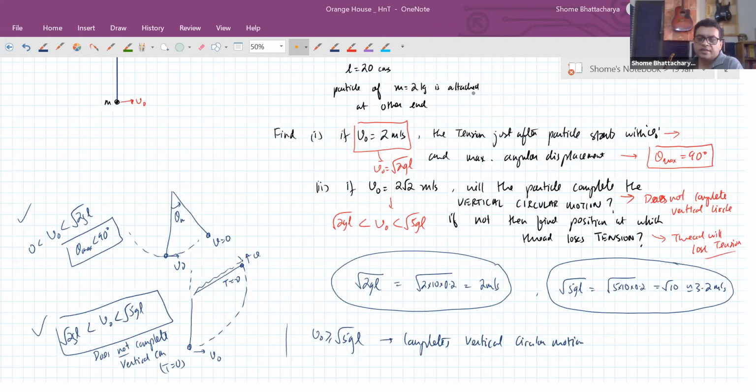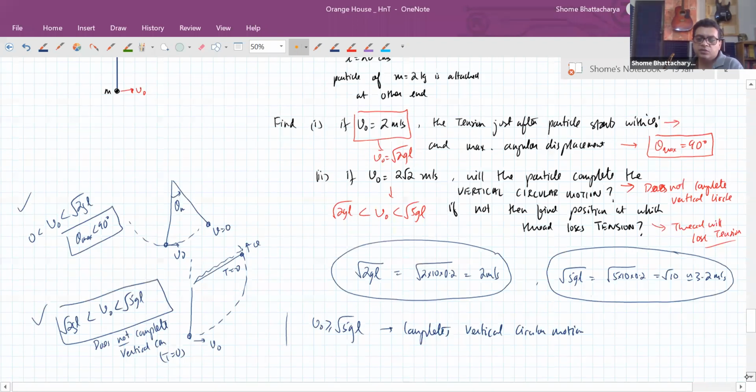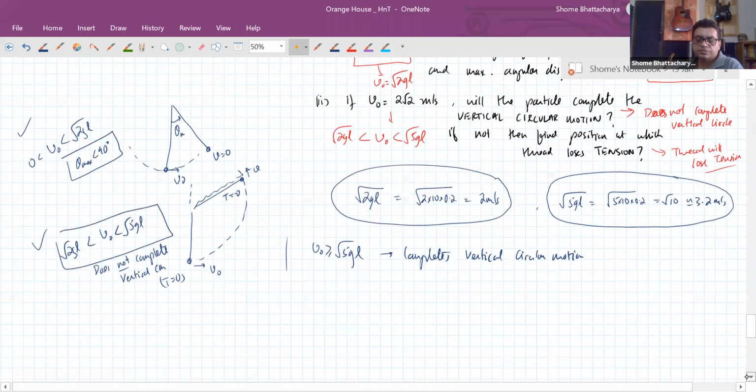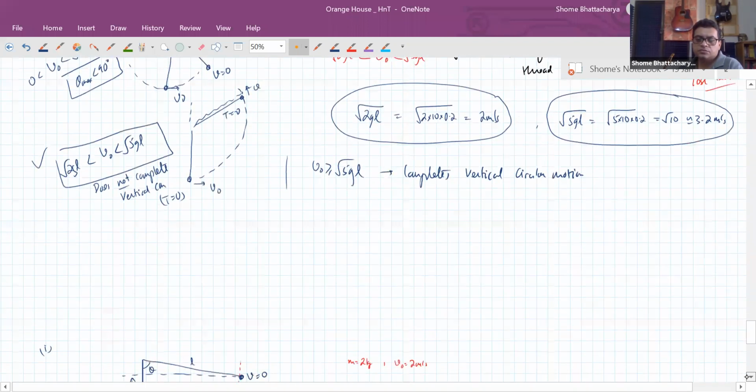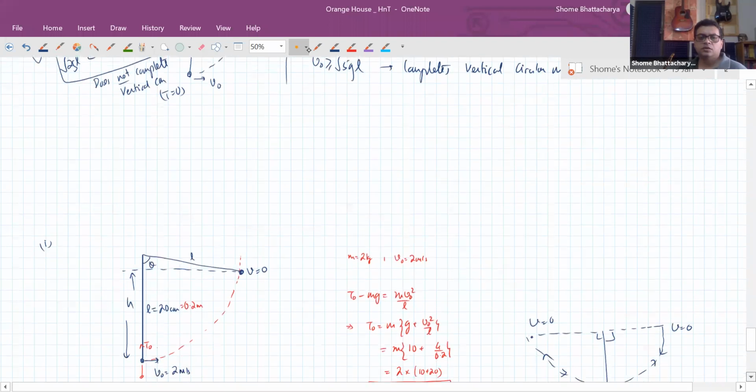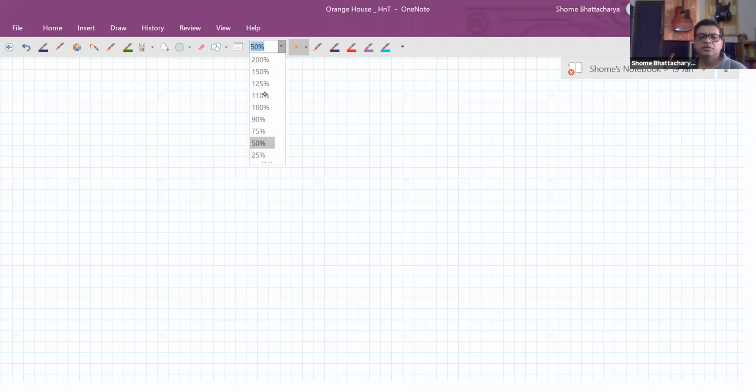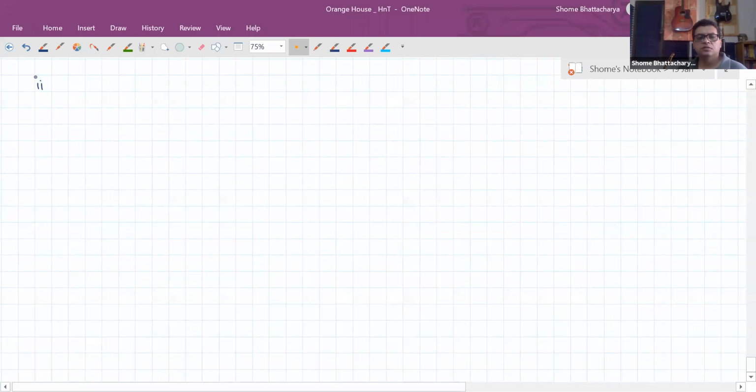Okay. So second part now, where we'll assume that it crosses 90 degrees, because in the second part we are taking the value of the initial speed as 2 root 2 meters per second, so that's approximately 2.8 meters per second. You can see that v0 is greater than root 2 GL but less than root 5 GL.